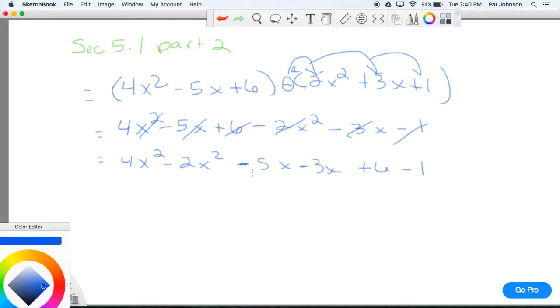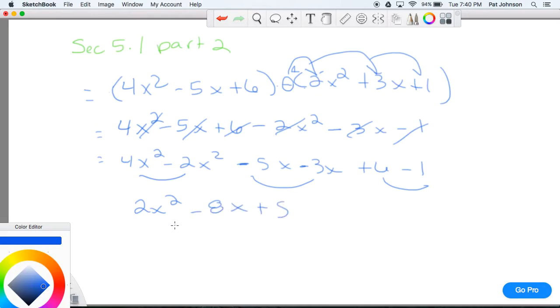All right. So now what do I need to do? I need to combine like terms. So this is a like term. These are like terms, and these are like terms. So 4x squared minus 2x squared is 2x squared minus 8x plus 5. And there's my answer.